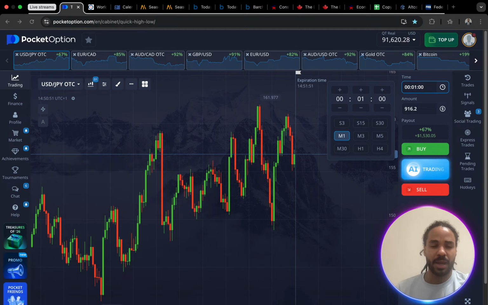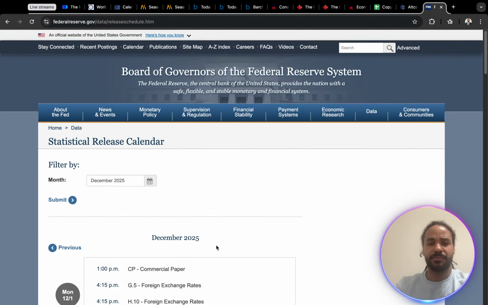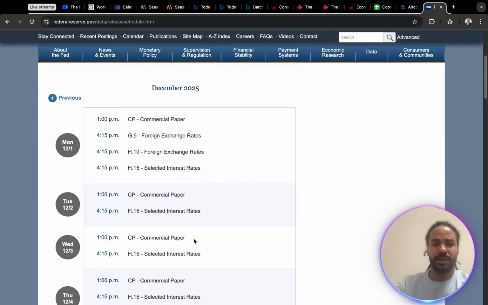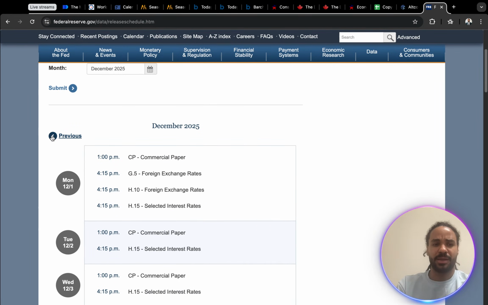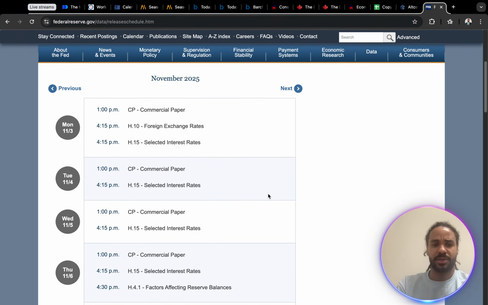Okay. Now, Fed cuts, you need to be able to check out this release calendar. All right. This release calendar is pretty straightforward. If you look at Wednesday, there are some selected interest rates.